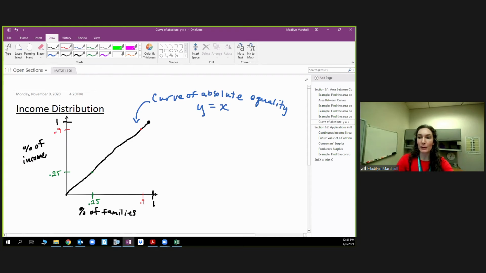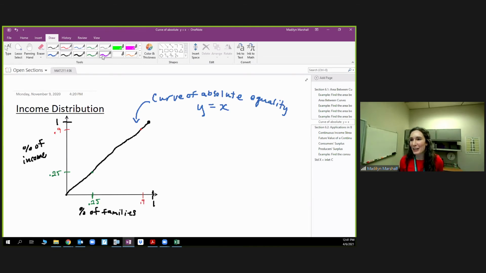So this is absolute equality because every family has the same portion of the income. 10% of families have 10% of the total income of the country. 80% of families have 80% of the income. So the income is exactly evenly distributed among everyone. So that's our curve of absolute equality.